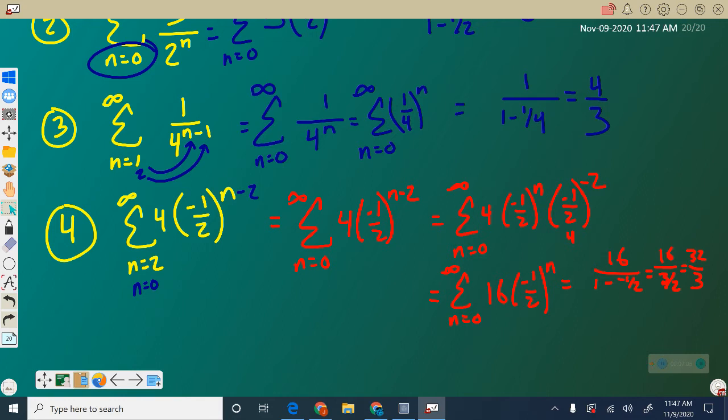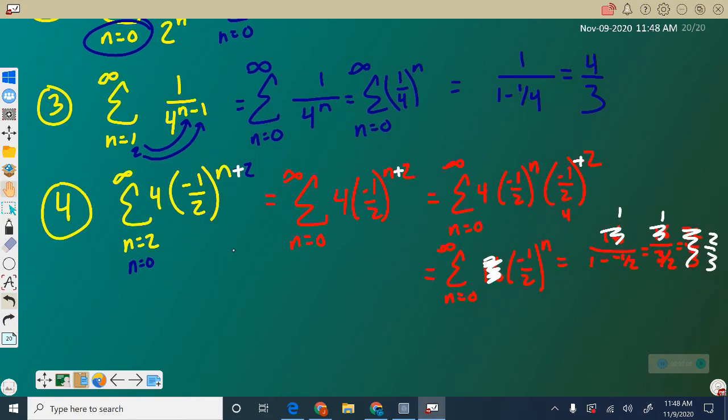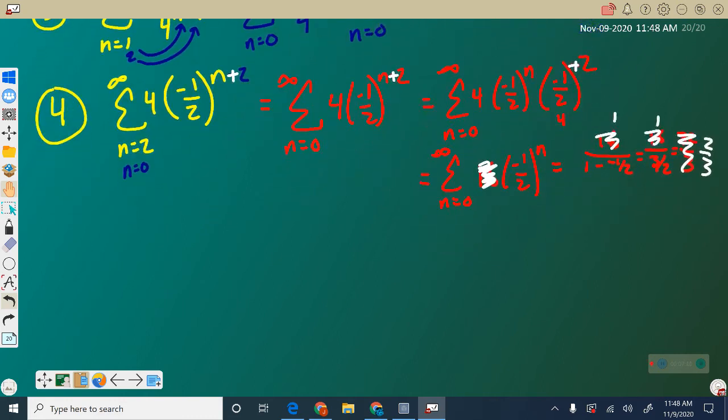So let me show you one other way that we can look at analyzing this problem from the very beginning. We could say that this summation is just exactly what it is, or we could say, well, what if we had started at 0 instead of 2?